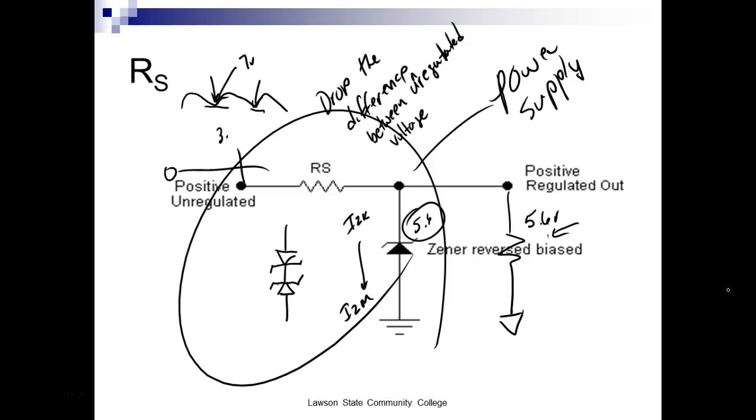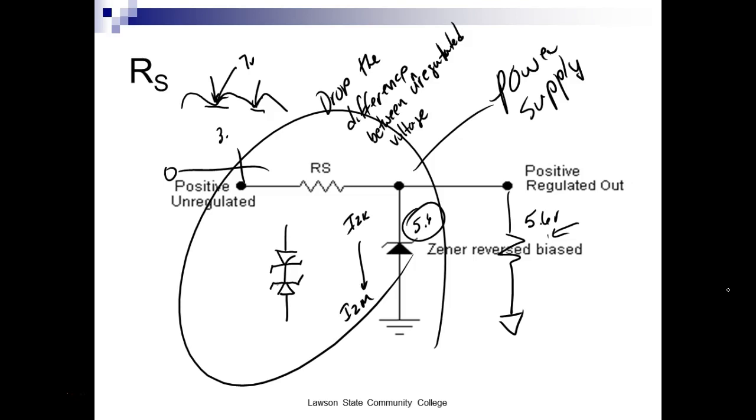That's all we're saying, just figure out how we're going to operate that. Then I got to put that resistor, because I've got unregulated on this side, I got regulated on that side. This guy here's all over the place. And so that resistor is what's dropping the difference between the unregulated voltage and the regulated voltage. And what determines the amount of voltage a resistor drops? The size of the resistance and the amount of current flow we put through it.